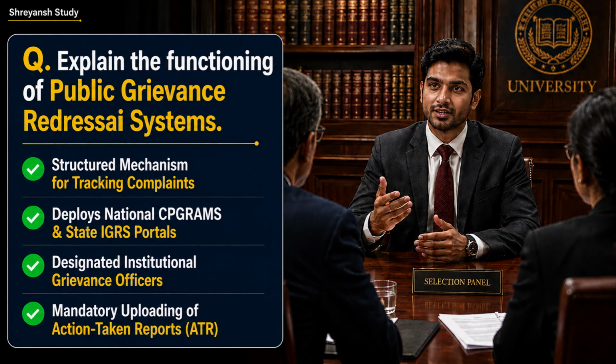Sir, it is a structured mechanism for registering, tracking, and resolving institutional grievances. At the national or state level, platforms like CPGRAMS, the Centralized Public Grievance Redress and Monitoring System, or state-specific portals like IGRS or Jansunwai in UP allow stakeholders to lodge complaints.